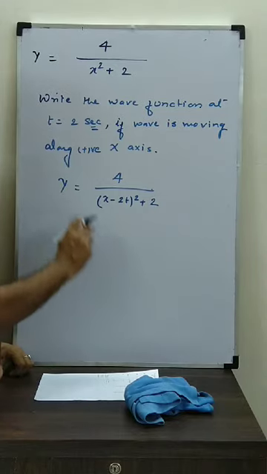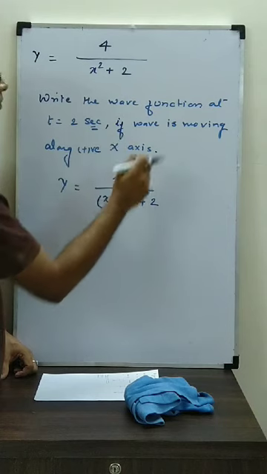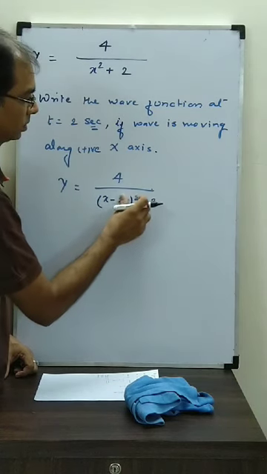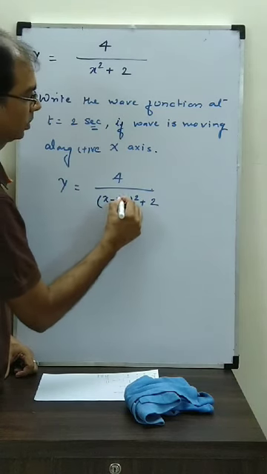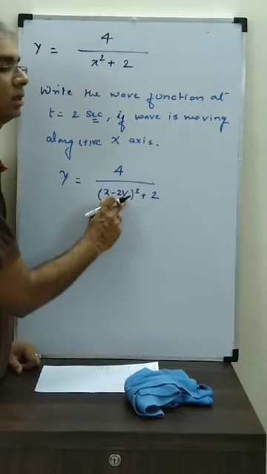Write the wave function at t equal to 2 seconds with wave velocity v: x minus 2v whole square, because the time is given as 2 seconds.